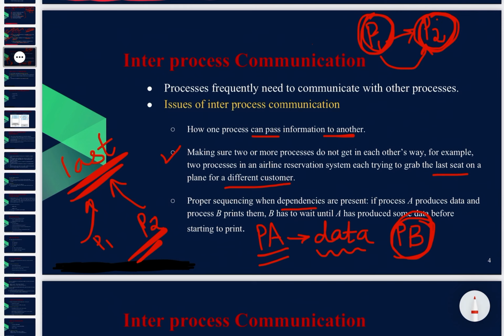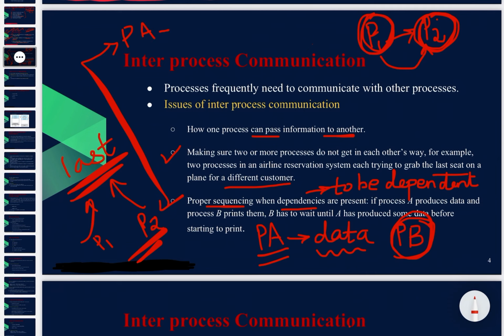What is dependency? To be dependent. In this case, process B is dependent on process A to produce some data. So you need proper sequencing. We can't start process B first because process B is dependent on process A. Proper sequencing means you allow process A first, and when process A completes its execution, you allow process B after that.